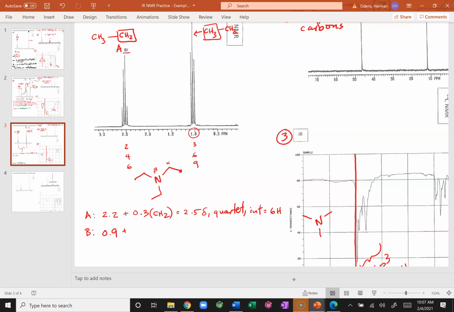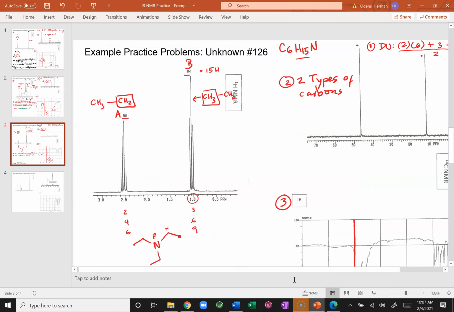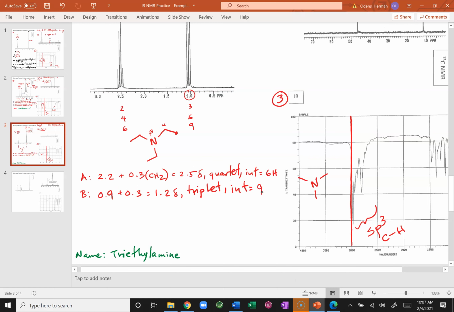That's why we calculate these things, to calculate the shifts and see what's the electronic pull happening here. So this is approximately 1.2 ppm. We have about 1.0, which is a little bit over 1, which is good. We're still within error. And this is a triplet that integrates for 9 hydrogens. And we solve for this one.